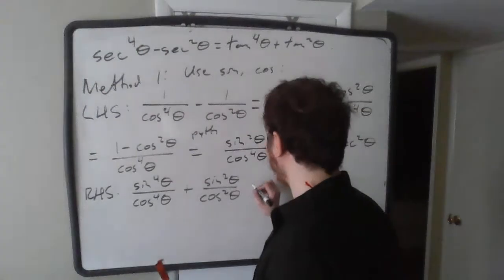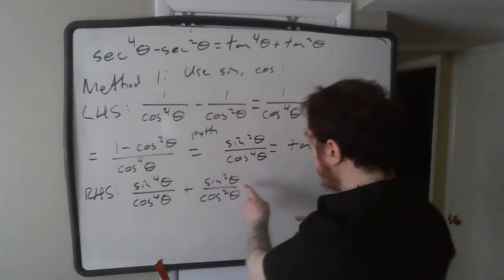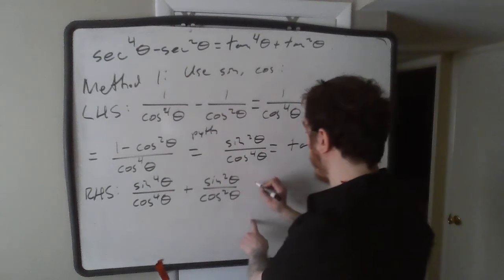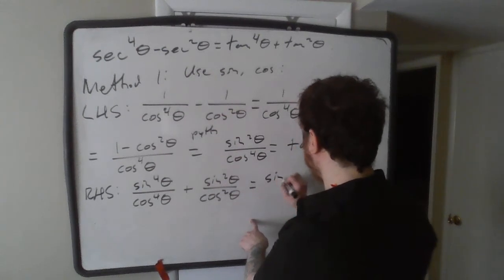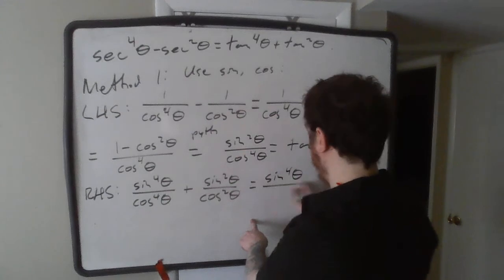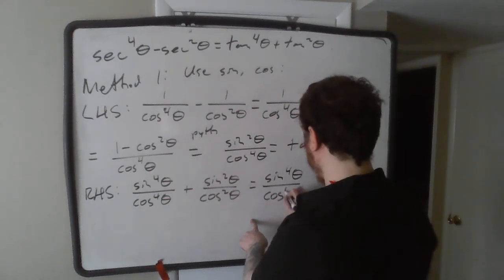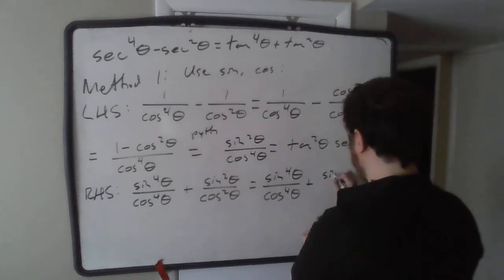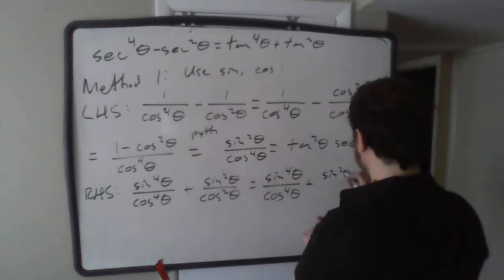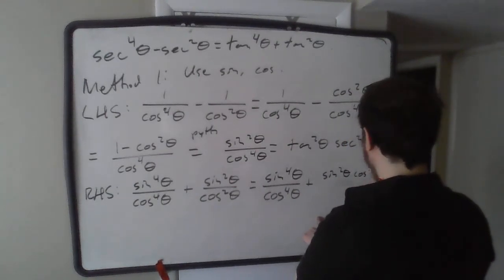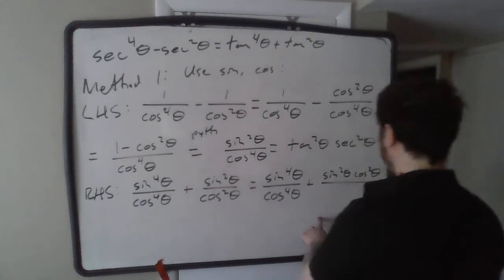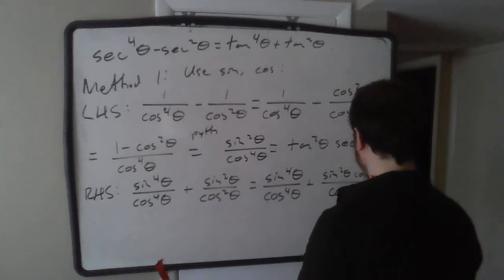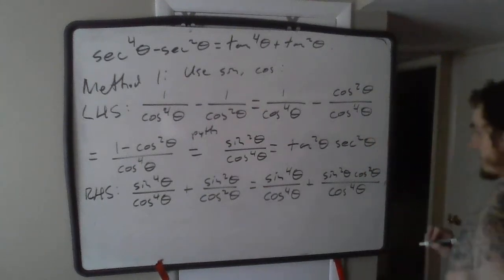So this is now going to become, I need to multiply the right-hand side by cosine squared theta over cosine squared theta. So this becomes sine to the fourth theta divided by cosine to the fourth theta plus sine squared theta cosine squared theta, all divided by cosine to the fourth theta.